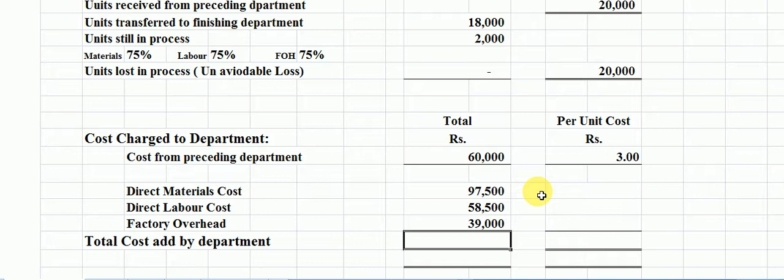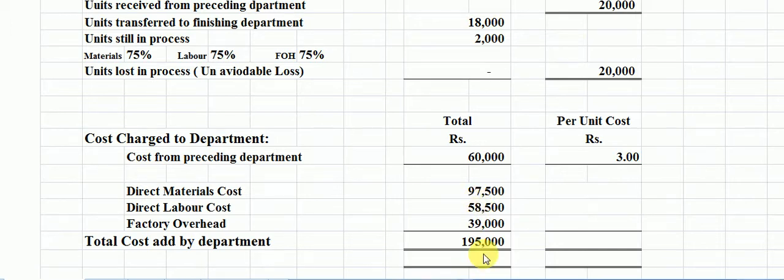Now we sum up these figures: 1,95,000 rupees cost is incurred in department 2.